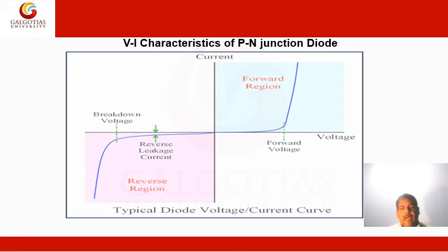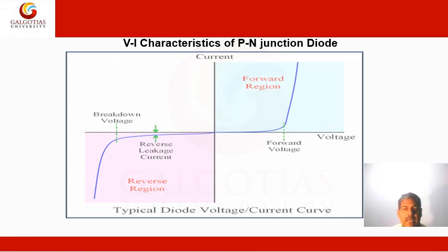VI characteristics of the PN junction diode is shown here in the figure. The forward bias characteristic is shown here, where the voltage at which the current starts increasing is known as the knee voltage. This point is indicating the knee voltage.